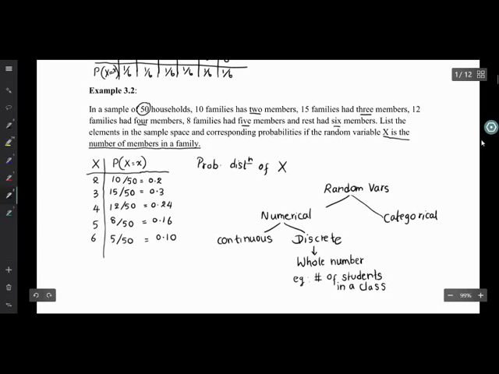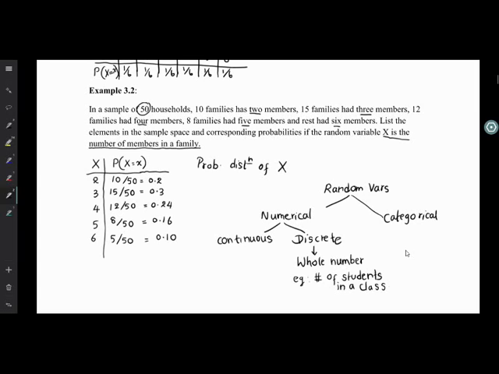The values that X can get will be something like 45 students in a class, 100 students in a class, 200 students in a class, and so on. You never get 145.75 students in a class. It's not possible. You cannot have fractions. So this is a discrete random variable.